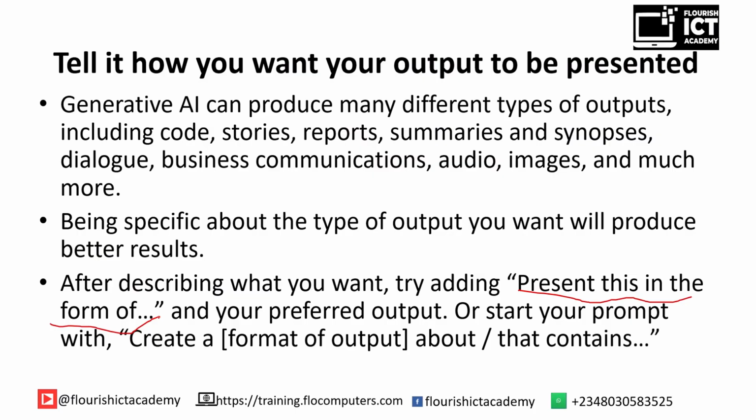Or start your prompt with "create a format of output about" or "that contains". So if you are telling the AI to create an output that contains images or business communication, it is going to come out like that for you. So it's very important to tell it how you want your output to be presented.